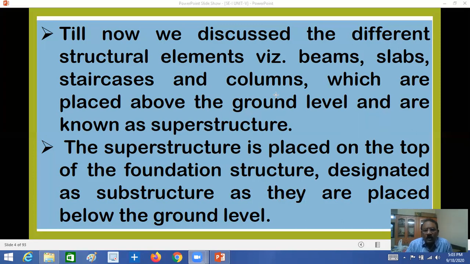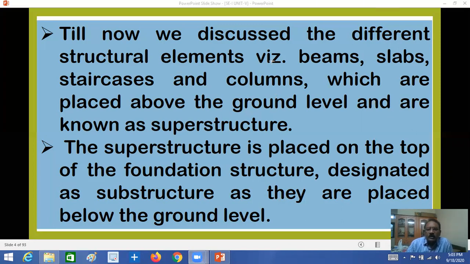Now, as I explained, all loads, including your staircase, columns, beams, and slab, transfer to the ground level; that is known as the superstructure. This superstructure is placed on top of the foundation, that is, the substructure below the ground level.